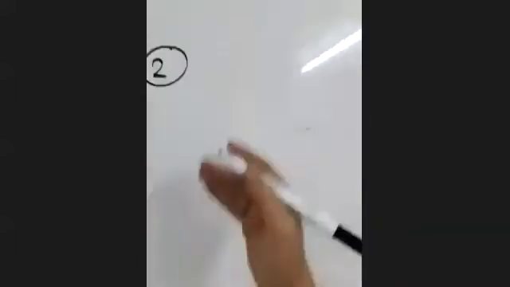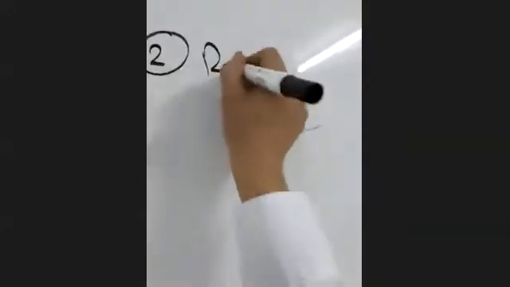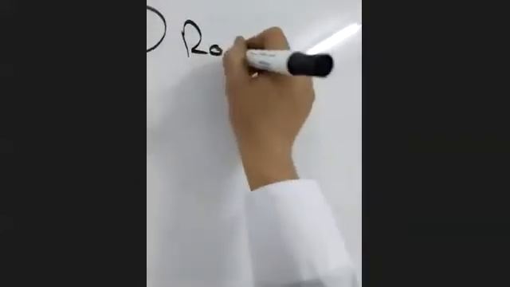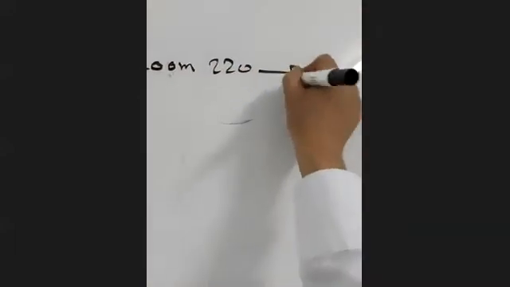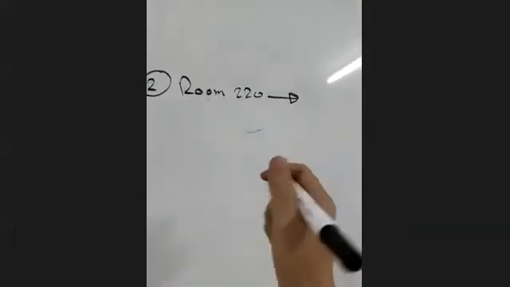So let's summarize the question on the board. Isa will tell me how we'll do it. We have 2 rooms here. What's the first room? Room 220. How many cans in room 220? Beside the question, they give us the cans.